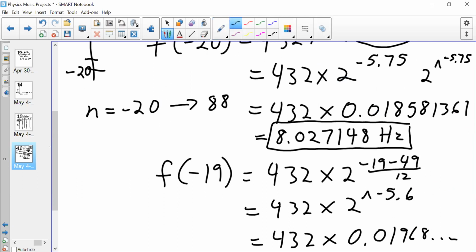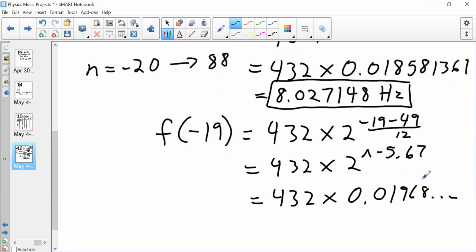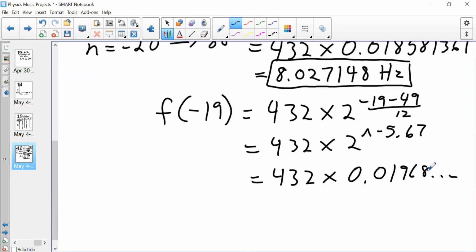So we should get 8.48. So that will give us, and the display there, whatever that was, 0.19, yada, yada.